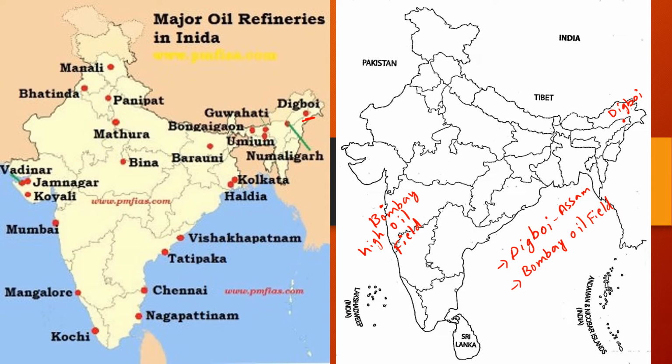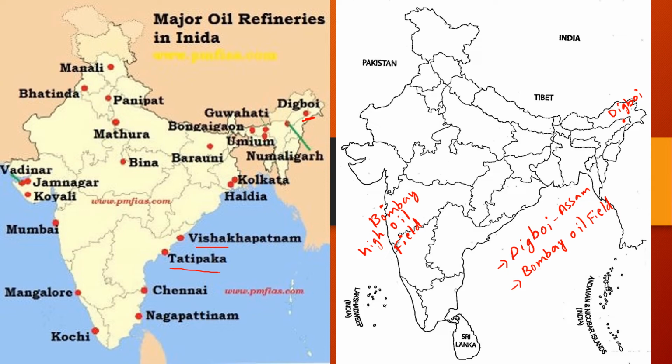Near this is Visakhapatnam. This region is famous for Tatipaka and Visakhapatnam, right? This is where the Krishna and Godavari river basin comes, and it is also an important place for leading producers of petroleum. Clear. So you should know about this southern region, especially Visakhapatnam and Tatipaka.